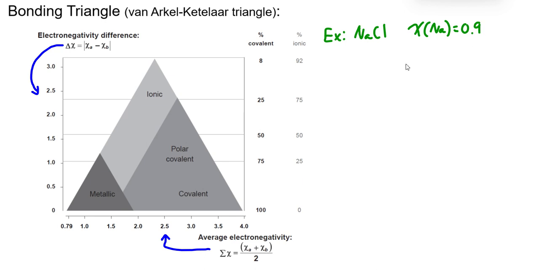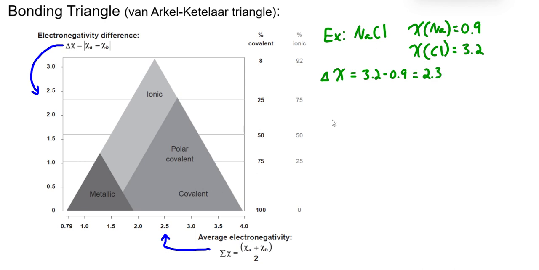Again, not very electronegative because metals typically don't want to pull on that shared pair very much, whereas chlorine is quite electronegative at 3.2. So this leads us to have an electronegativity difference in this scenario equal to the 3.2 minus the 0.9, which leads us with a difference of 2.3.